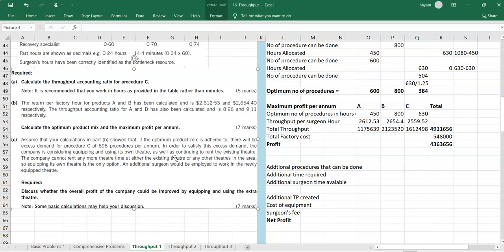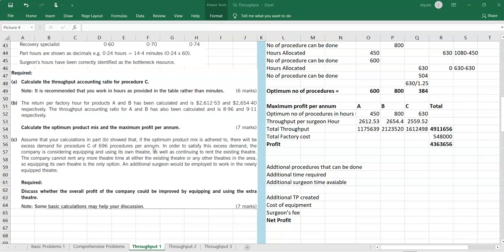So we come to the last part of the question. We'll start from the last required. Assume that your calculations in part B showed that if the optimum production mix is adhered to, there will be excess demand for procedure C of 696 procedures per annum.